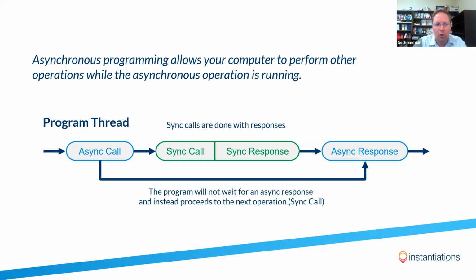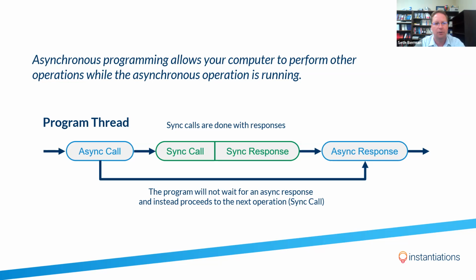Okay, so asynchronous programming allows your computer to perform other operations while the asynchronous operation is running. Here's a brief graphic example showing your more traditional synchronous style that we're all used to. We call a method, we get a return value from the method, call return. We're all pretty used to that. The idea behind asynchronous programming primarily involves splitting those two activities up.